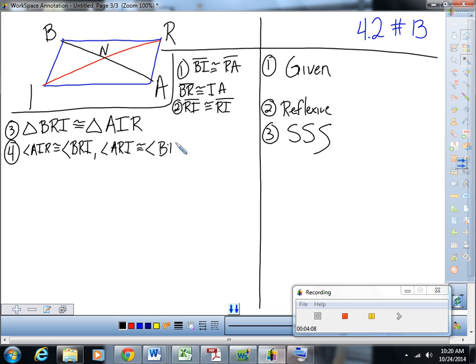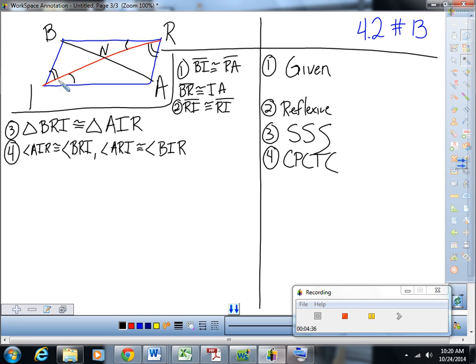Notice that wasn't that difficult because I spent some time making sure that my congruence statement was right. All I did was look at the order and use it to write that next step. Let's mark this carefully. AIR is congruent to BRI. ARI is congruent to BIR.